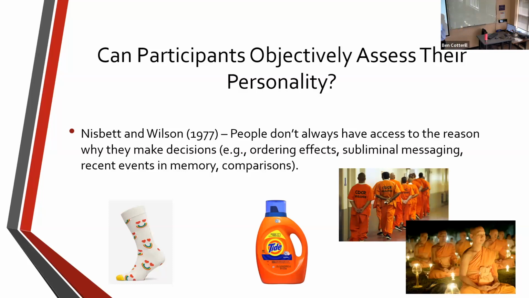And who are you comparing yourself to? If you're answering questions such as that, what you're thinking about is, am I compassionate in comparison to the other people I know? Am I the typical level of compassion, or am I more compassionate or less compassionate? That's obviously going to be influenced by who's in your environment, right?